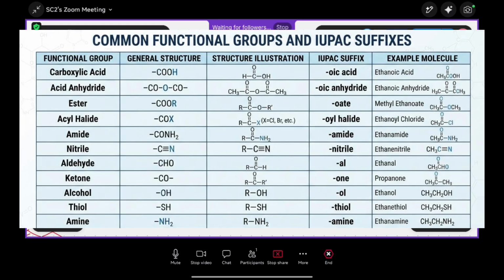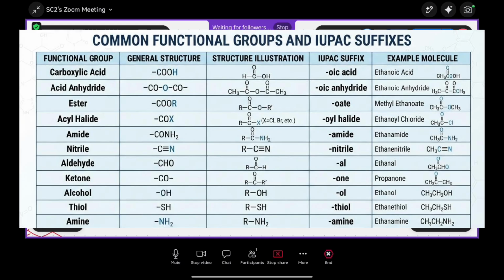Whenever we have the aldehyde functional group, we use al as the suffix. Whenever we have the ketone functional group, we use the suffix one. Whenever we have the OH functional group, the alcohol functional group, we use the suffix ol.